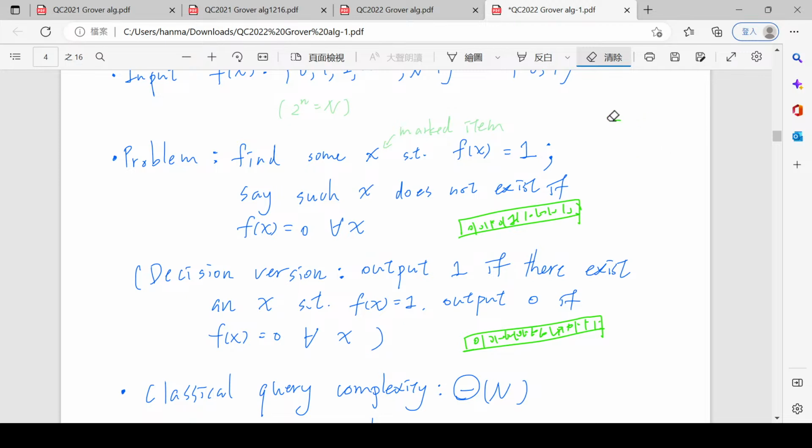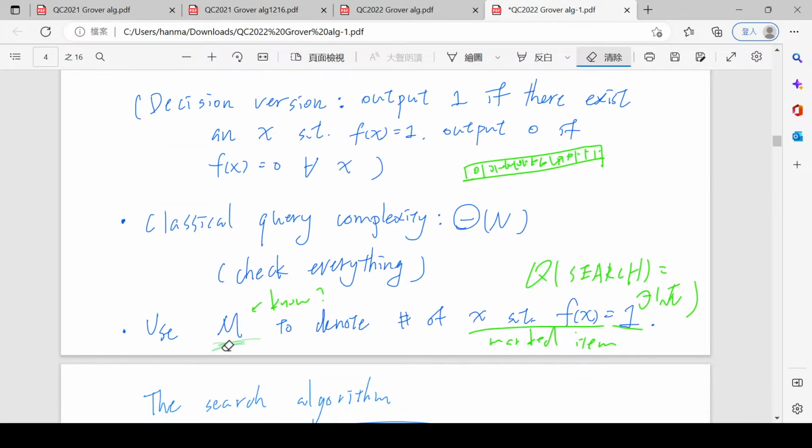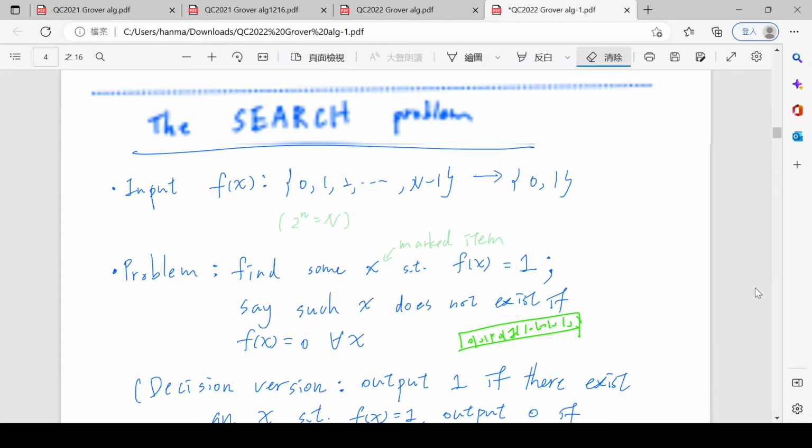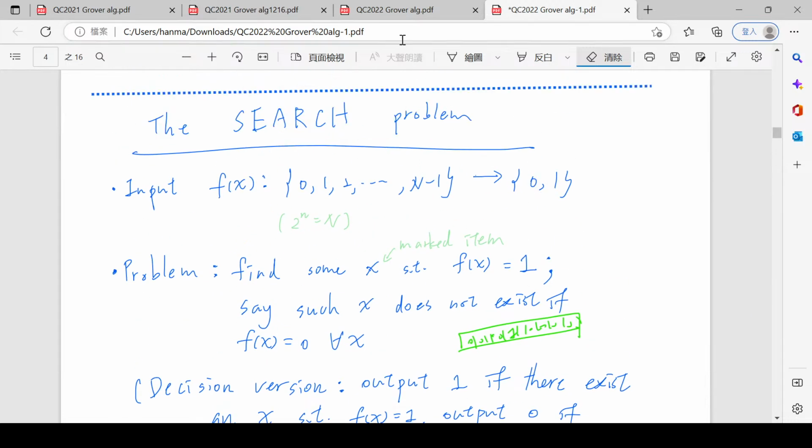M is an integer, M is an integer from 0 to N. Like big N is an integer, right? So M is an integer from 0 to N. It's just a number.